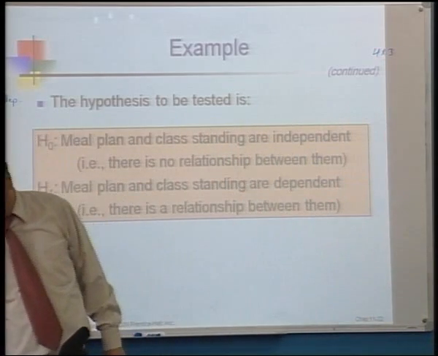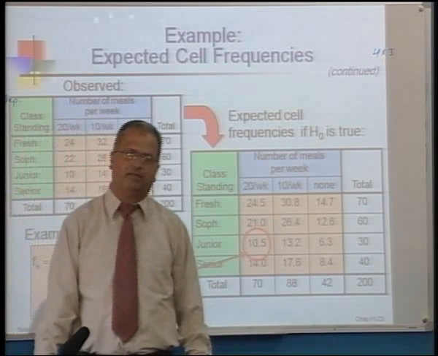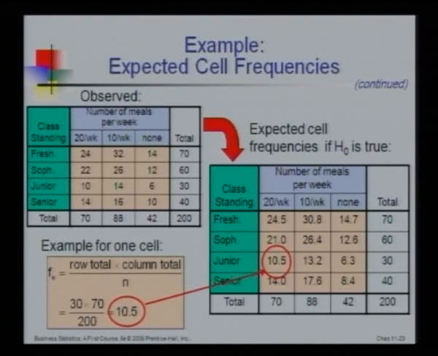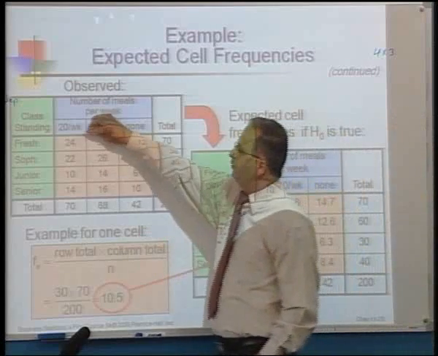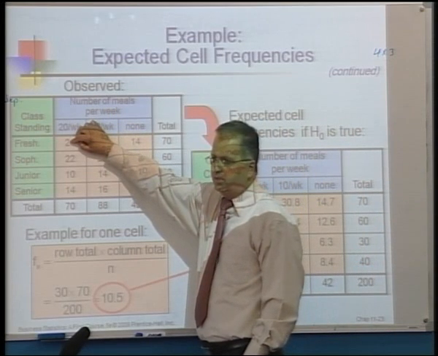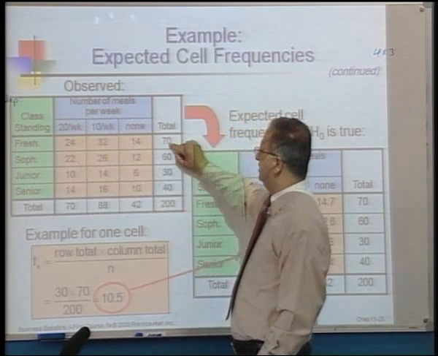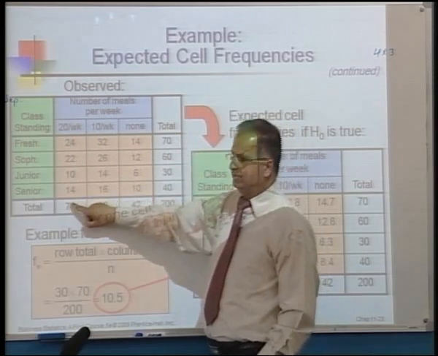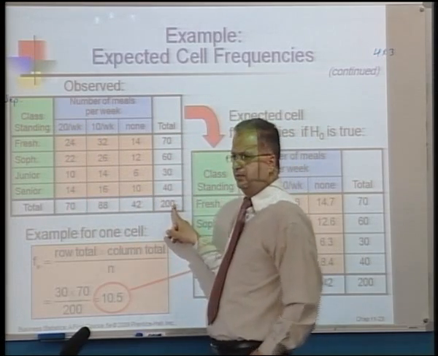Now let's see how we can compute the expected frequency for each cell. For example, the first observed frequency is 24. Now the expected should be 70 times 70 divided by 200.